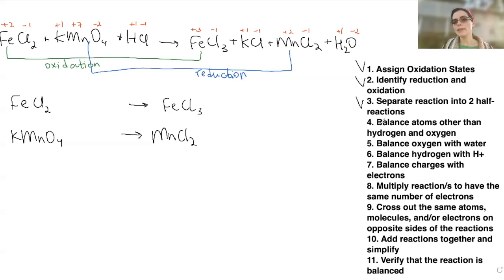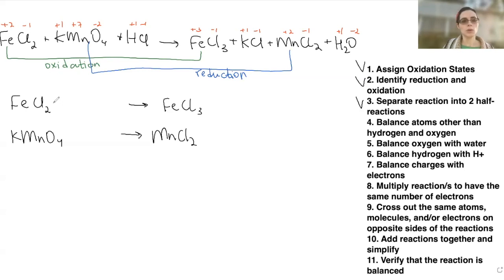Now we need to balance atoms other than hydrogen and oxygen. For this particular part, the only atoms that are not balanced are chlorines. We have 3 chlorines on this side and 2 chlorines on that side.